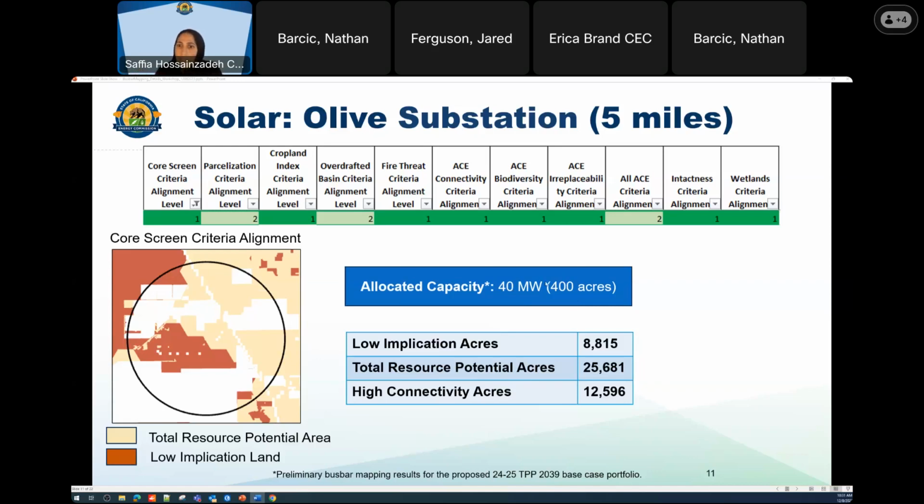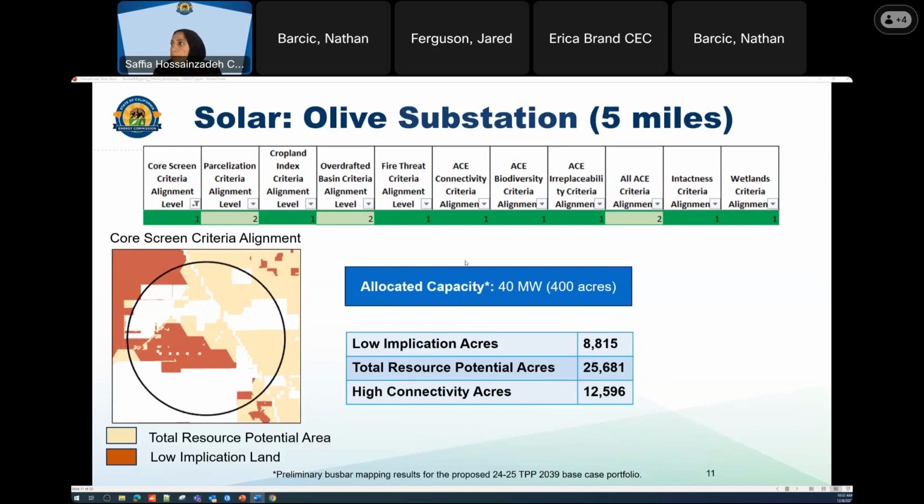And that 400 acres is a very small fraction of that 9,000 acres of low implication land. And remember, this low implication land area is the area defined by the core land use stream to have the least amount of constraints facing it for utility scale renewable energy. So because of that, the alignment level score is minimal at 1.